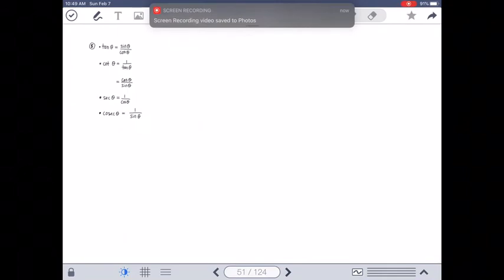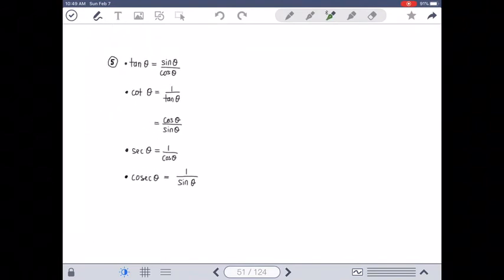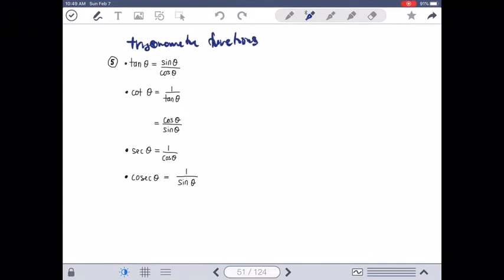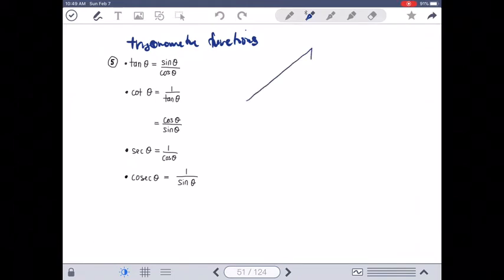Okay, the next one is this. Maybe this is the 6 trigonometric functions. So this is the trigonometric functions, very important for you to remember. Say we have the basic right angle triangle.